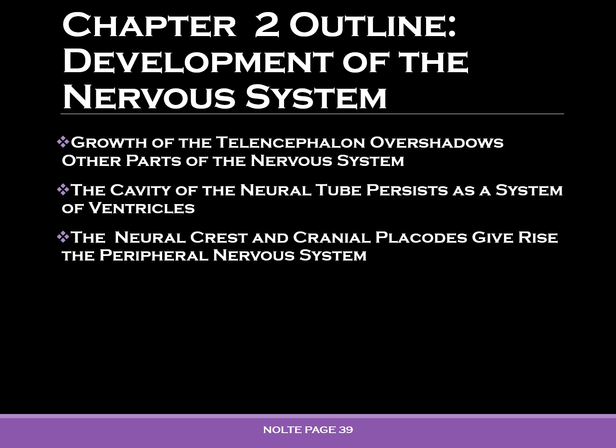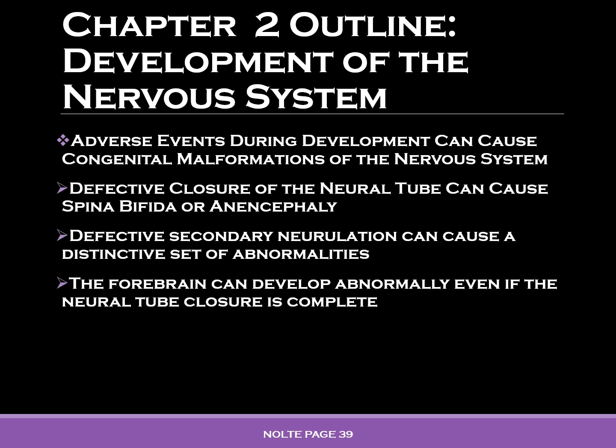The growth of the telencephalon overshadows other parts of the nervous system. The cavity of the neural tube persists as a system of ventricles. The neural crest and cranial placodes give rise to the peripheral nervous system. So neural crest and cranial placodes are peripheral.